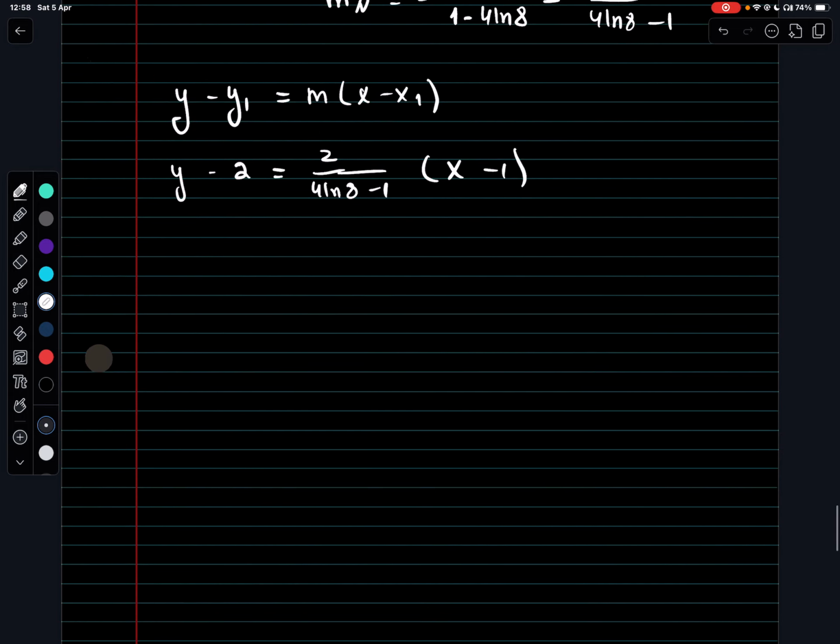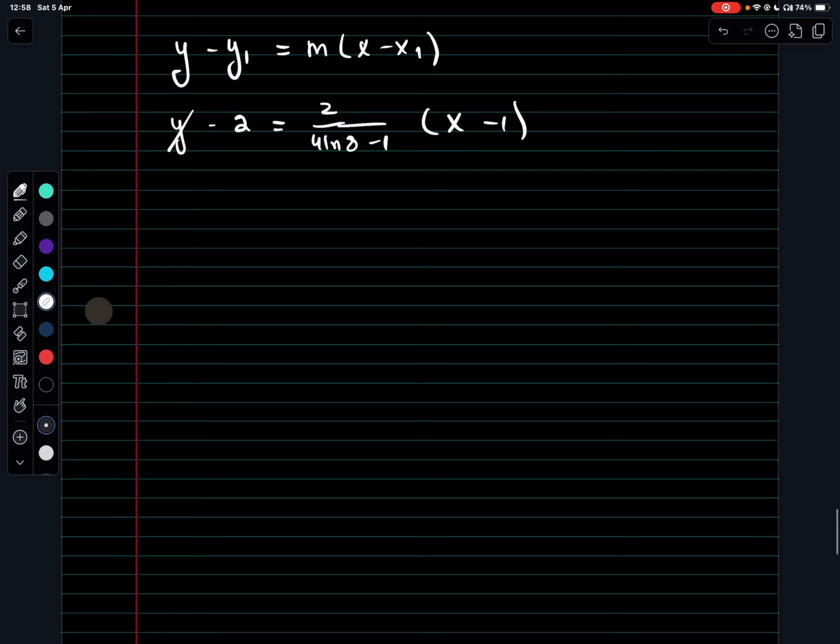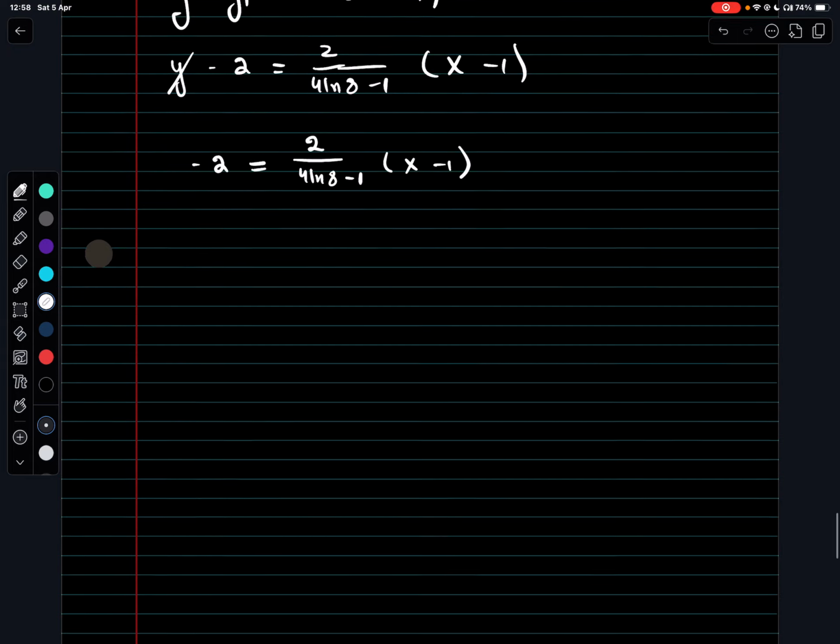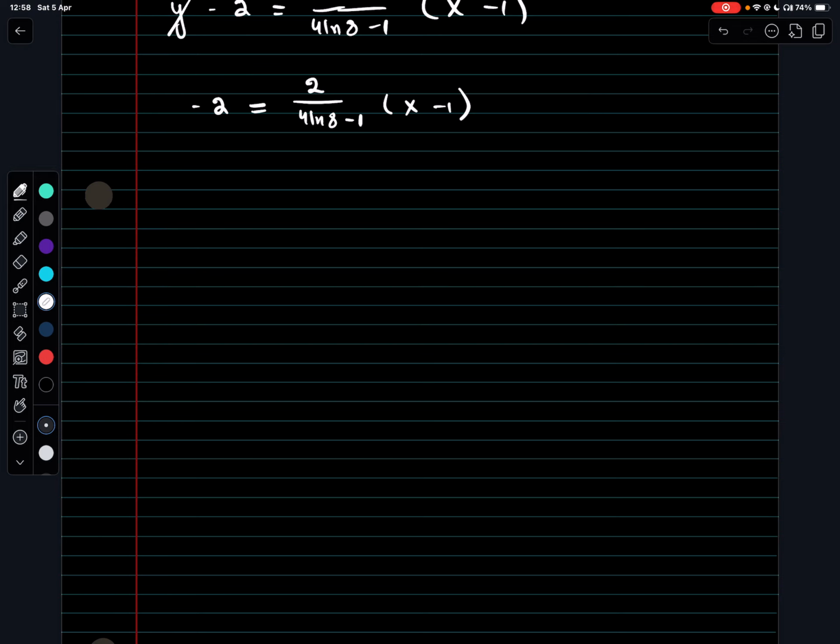I need to find the intersection where y is 0, which means negative 2 equals 2 divided by 4 ln 8 minus 1 times x minus 1. Remember, I'm looking for the x coordinate. I'm going to multiply both sides by 4 ln 8 minus 1.